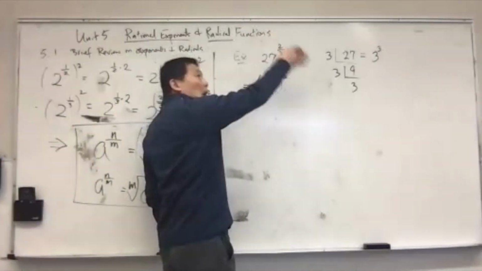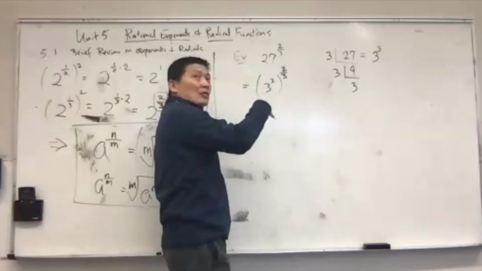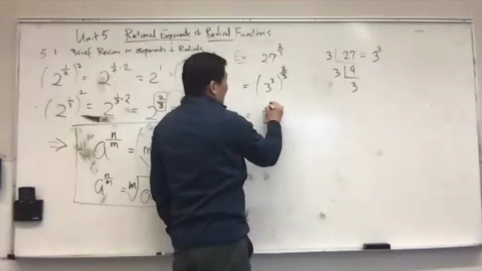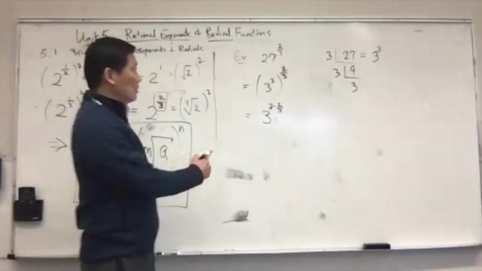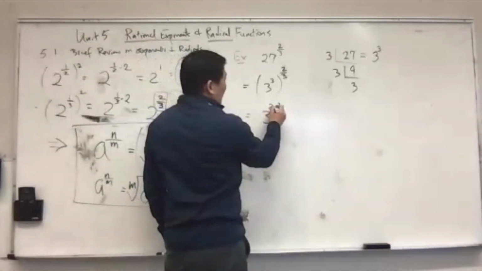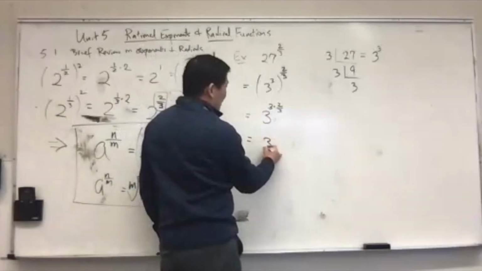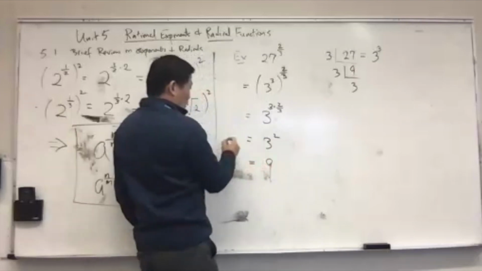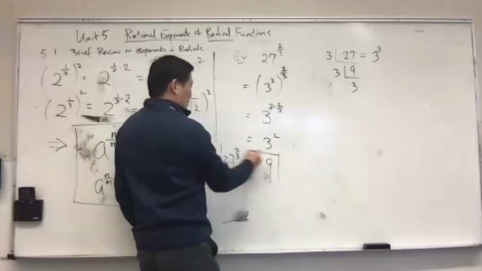A to the n, to the m power, is equal to a to the n times m. So it's 3 to the 3 times 2/3. 3 times 2/3 is just 2. So it's 3 squared, which is 9. So 27 to the 2/3 power is 9.